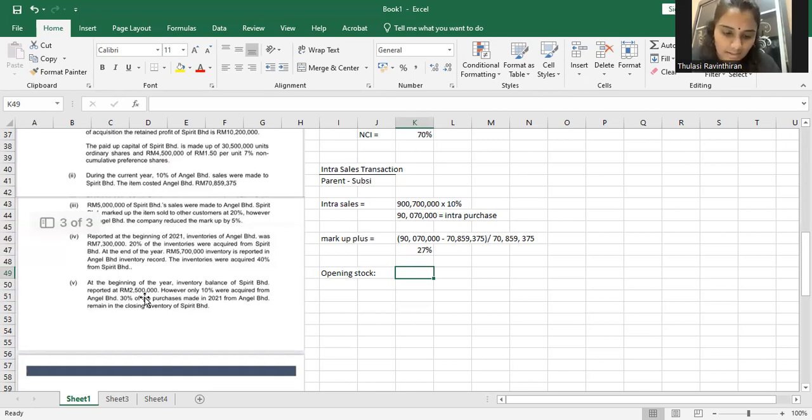Let's read Roman 5. At the beginning of the year, the inventory balance of Spirit Berhad was reported at 2,500,000. However, only 10% were acquired from Angel Berhad. So I will highlight here: 10% were acquired from Angel Berhad.